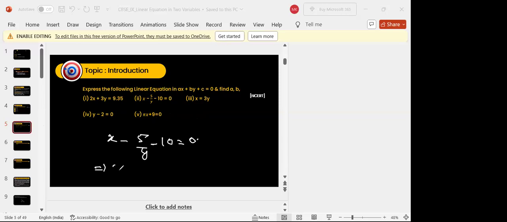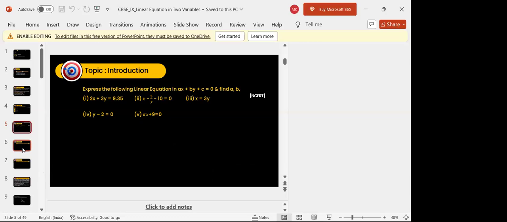That implies xy minus 5 minus 10y is equal to 0. Here xy is coming. That is why we don't take that case. So actually, if I can ask, I will ask as odd man out.